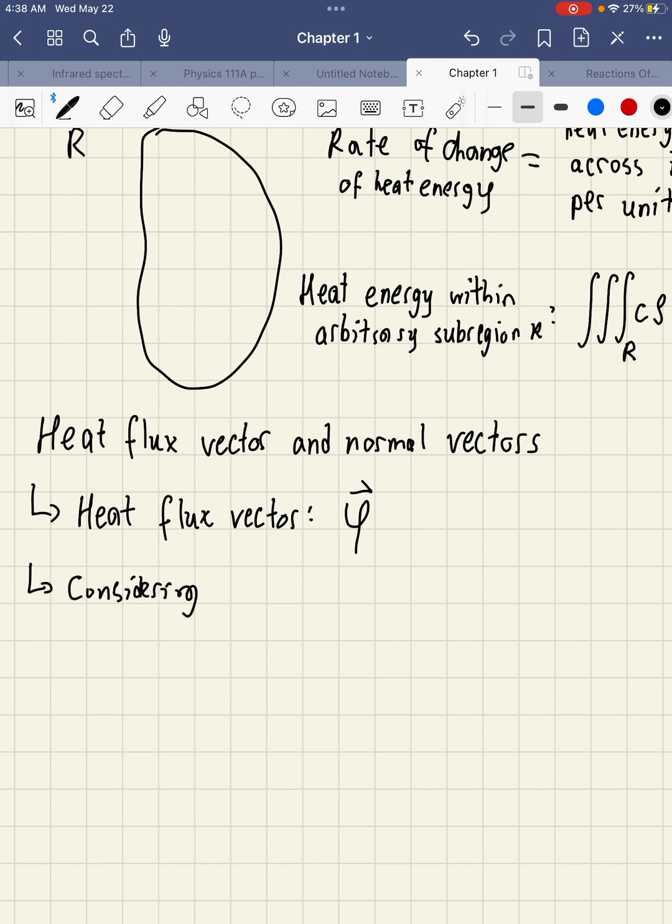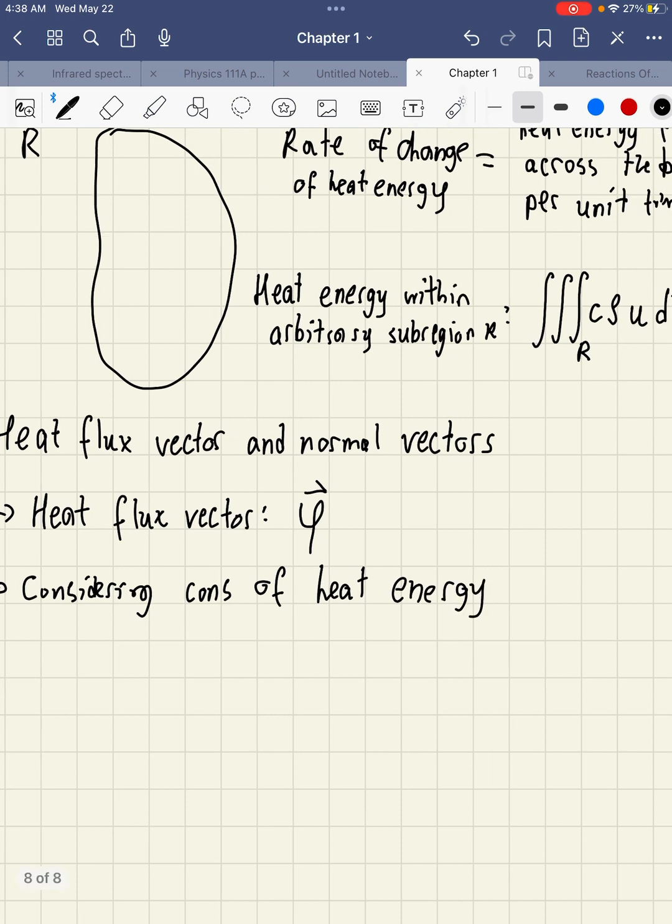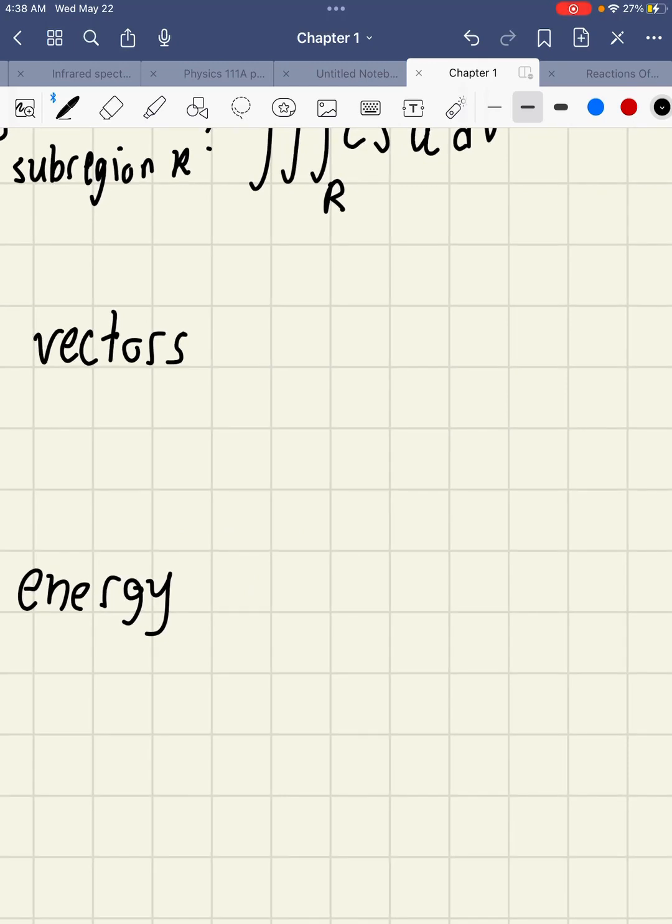Now, considering the conservation of heat energy, our heat flux is just the heat flowing across the boundaries per unit of time.